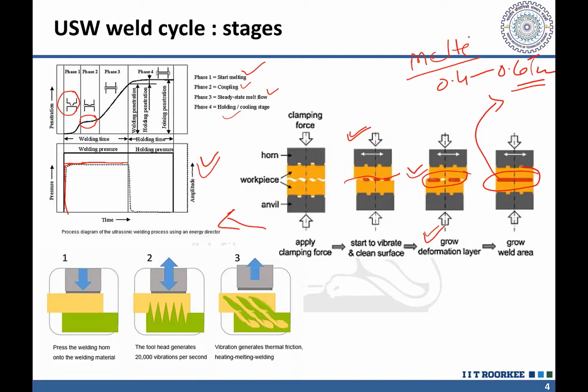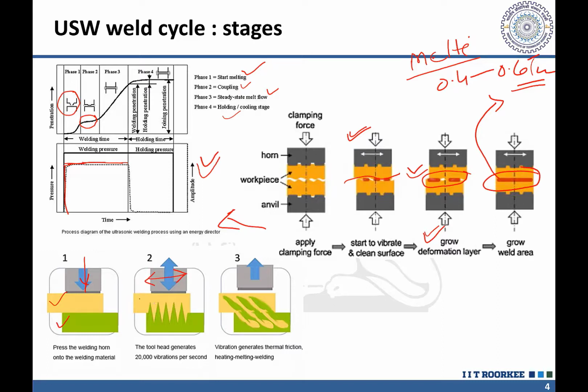Our agenda may not be to melt the material at the interfaces in case of metallic joining using ultrasonic welding. So this is another schematic to explain how ultrasonic welding works. Here, if we see, the two components to be joined are under pressure from the horn, which applies the load under mechanical vibrations.